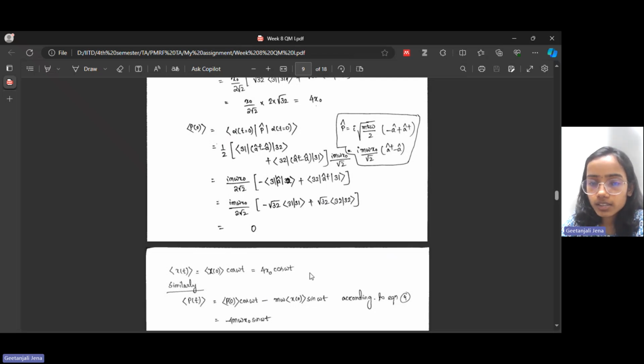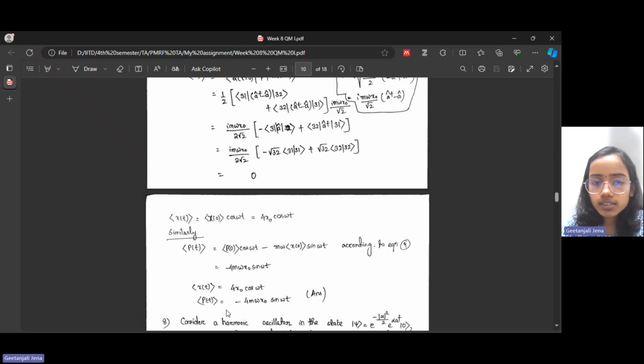In the second term, there is the expectation of the position operator at time t equal to 0, which we have already calculated, and it is 4x0. So the time evolution of the momentum operator will be minus 4mω x0 sin ωt. So the answer is: the time evolution of the expectation of position will be 4x0 cos ωt, and the time evolution of the expectation of momentum will be minus 4mω x0 sin ωt.